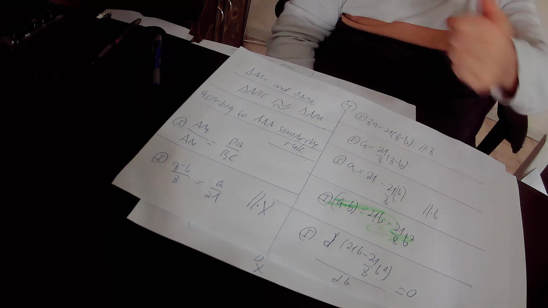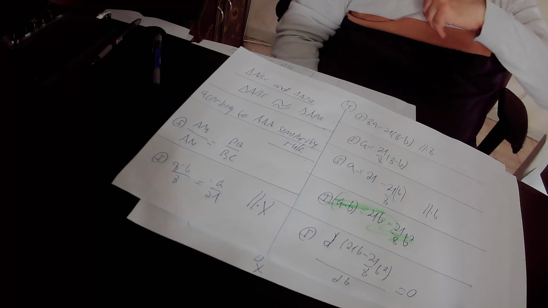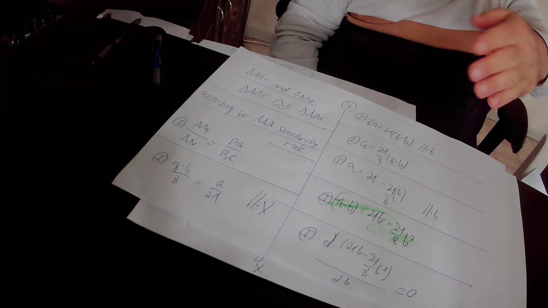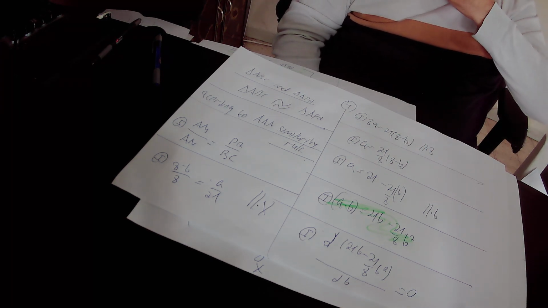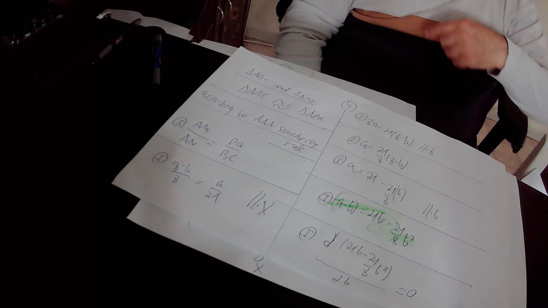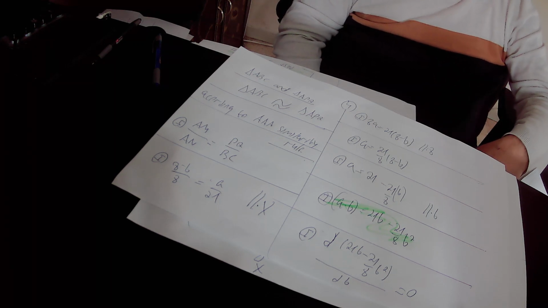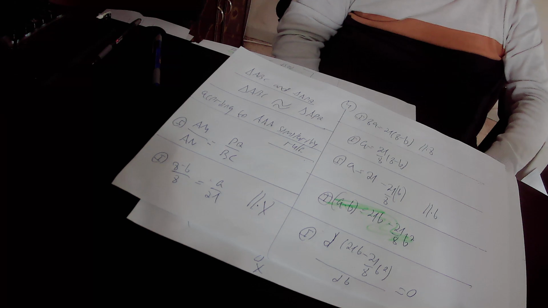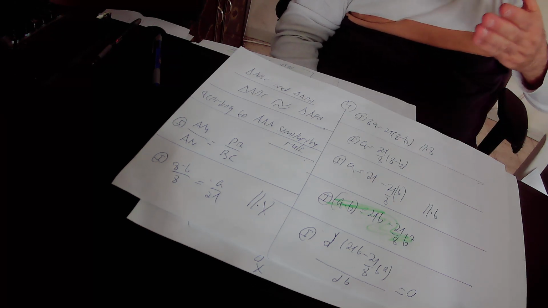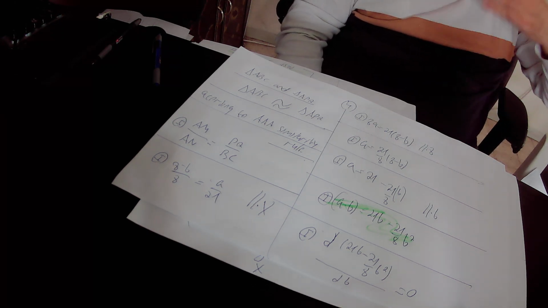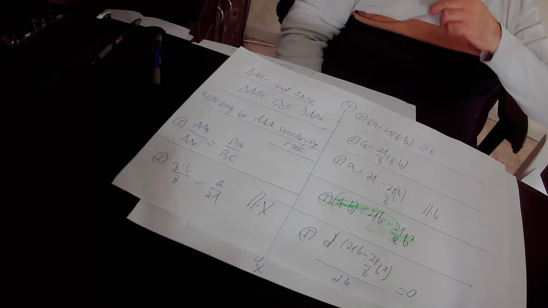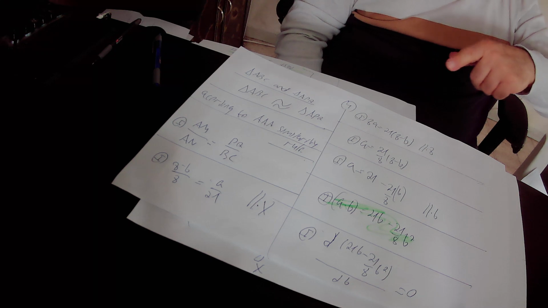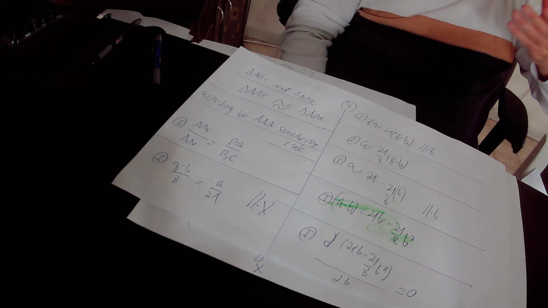By doing so, we will find the extreme point of this function, and then in order to determine whether the extreme point that we found is a minimum or a maximum, we will draw the graph of the function area.